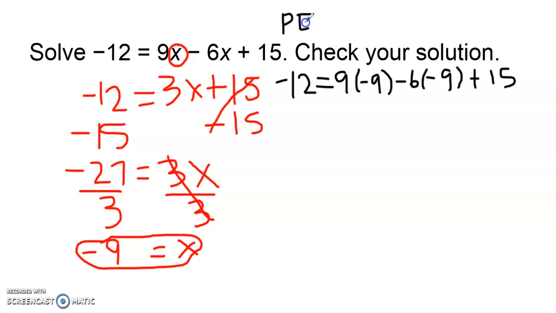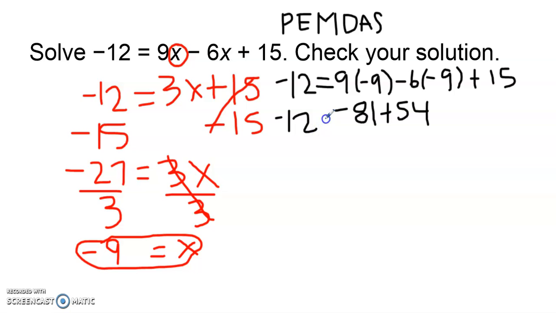First, we've got parentheses, and we can see that we don't have anything to solve within our parentheses, and we don't have any exponents, so we'll go on to multiplication. We've got 9 times negative 9, which is negative 81. And then we've got negative 6 times negative 9, which will give us a positive 54. So we'll go ahead and bring everything else down, our negative 12 and our positive 15.